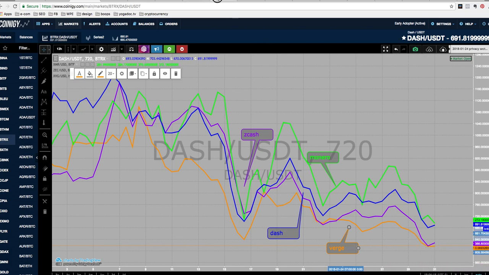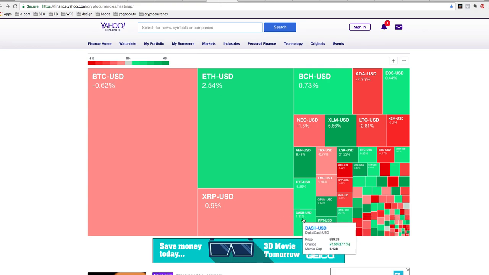And if you go back to the heat map, you can see that Dash is actually, despite the fact that it's in fourth place in the micropayment sector, leading in the privacy sector.